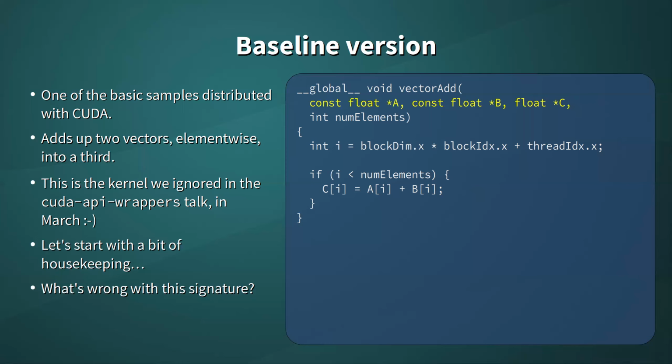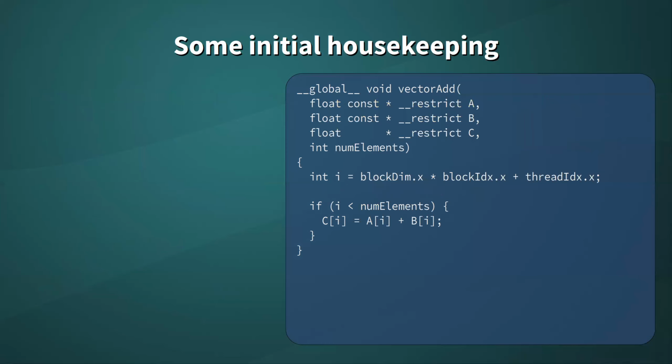But actually, I want to do a bit of housekeeping in this respect and add the restrict qualifier, which is not proper C++. It's not in the language, but it's actually very useful. It exists in C, and most C++ compilers support it in some way or another.